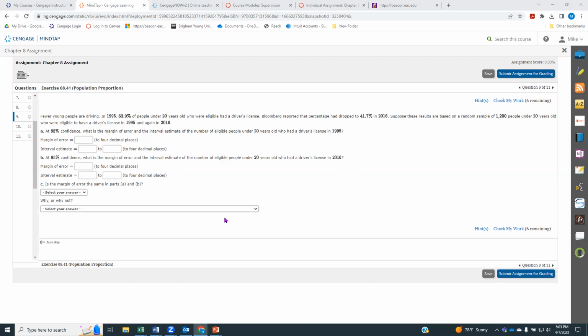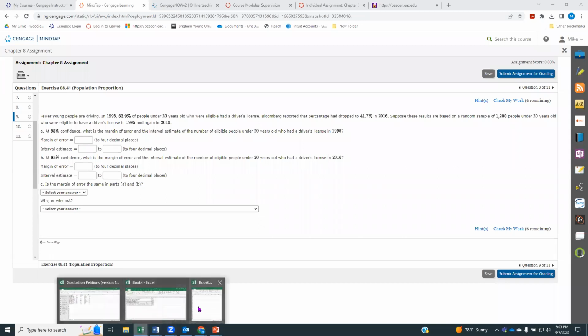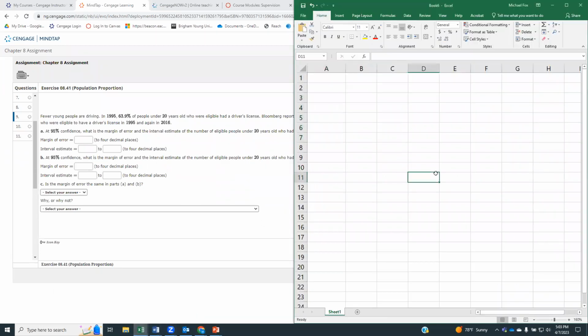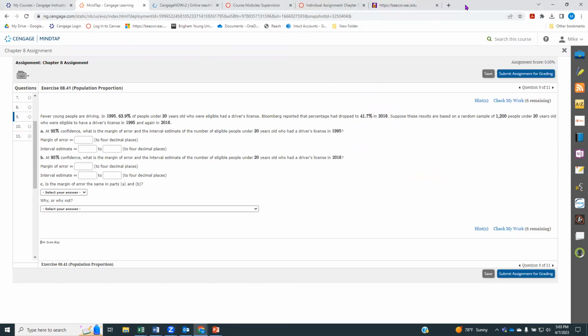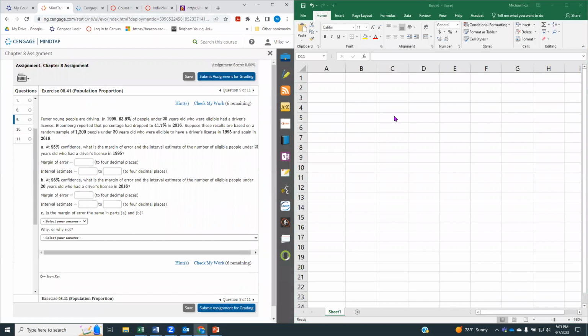All right, so let me open up an Excel worksheet here. There's my Excel worksheet. I'm going to go ahead and resize this so we can look at both of them at the same time. And all right, so let's start with what we know.